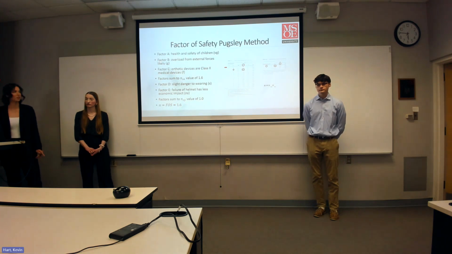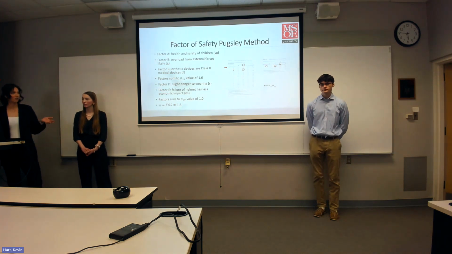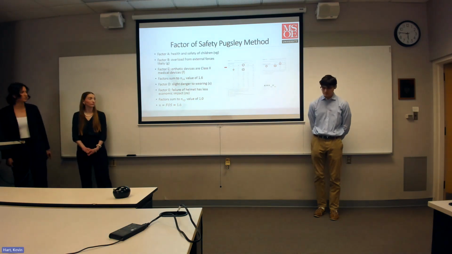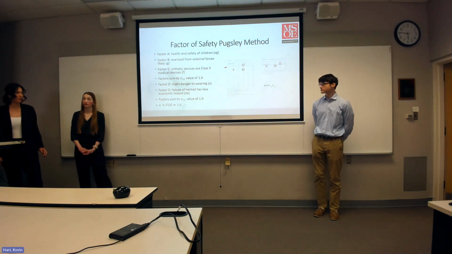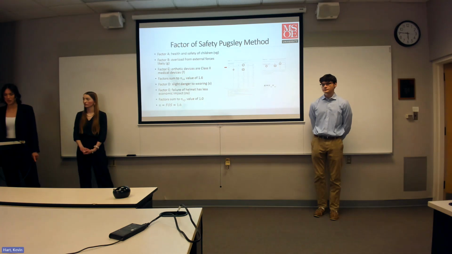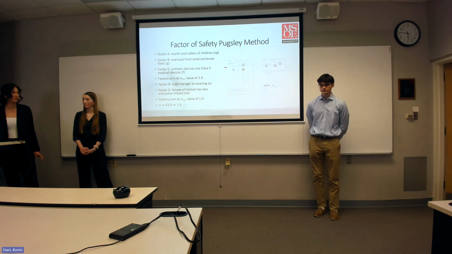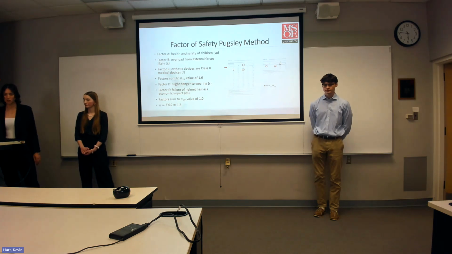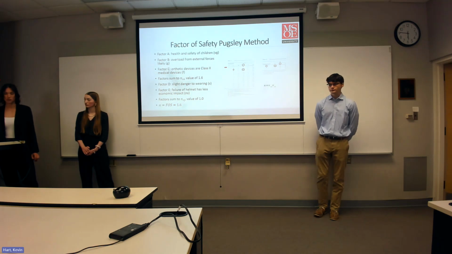And so you assign a value to these different variables. On the bottom, you can't really see the small text, but it lists what every factor means. And then factors D through E are classified from very serious to not serious. This lists out where we placed all those values, and this summed to a factor of safety of 1.6 using the equation in the front.